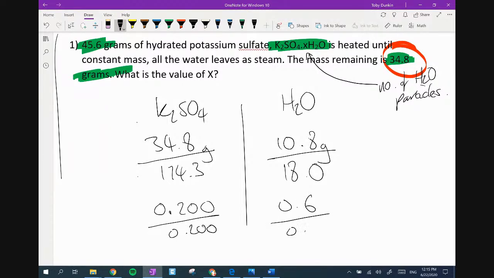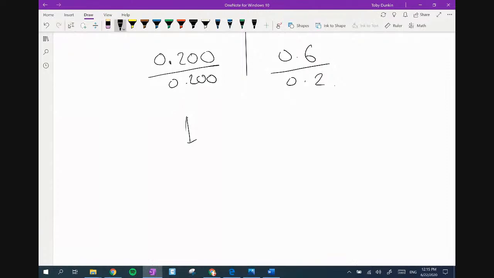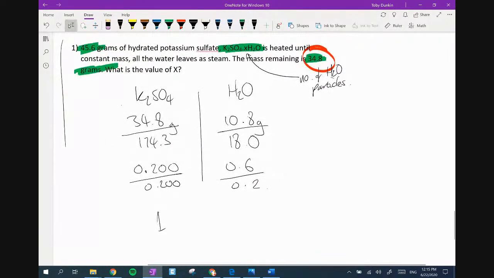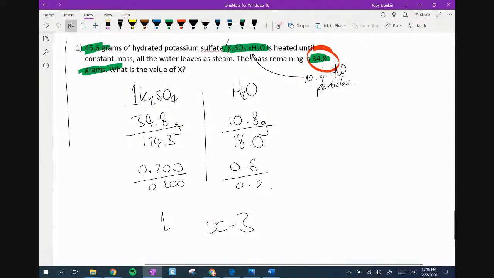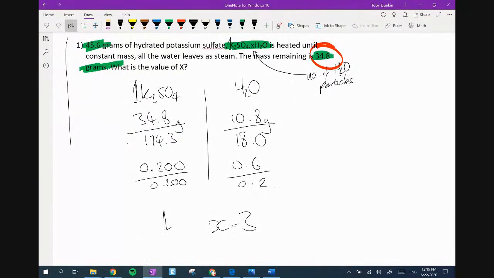And of course, we always knew that the 0.2 was going to spit out 1, because it was 1 in the equation, it's 1 in the question. And this, of course, spits out 3, so x equals 3. But we're running the same process: get from percentage to mass, mass to moles, divide by the smallest. It's the same process. Yes?